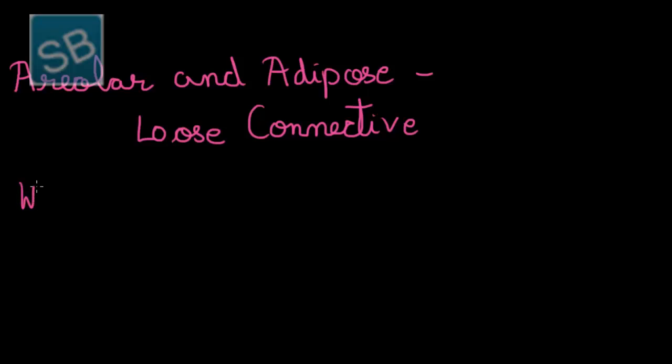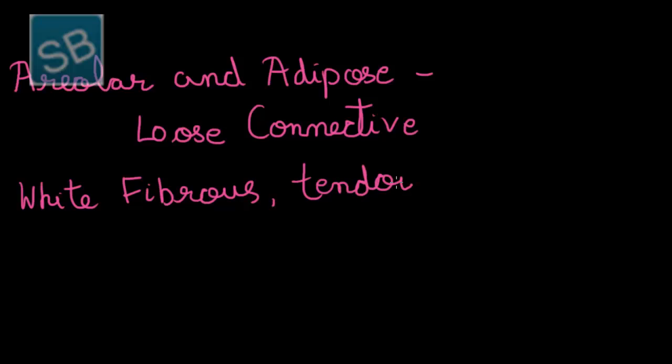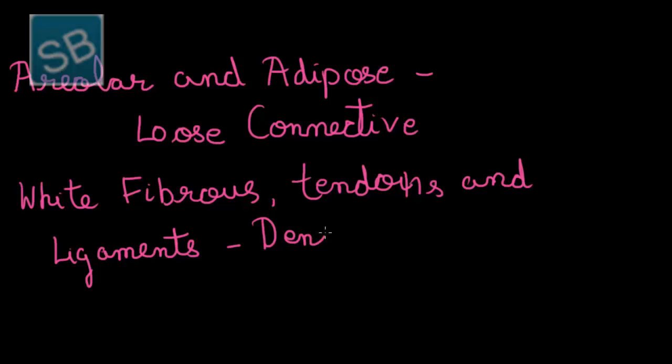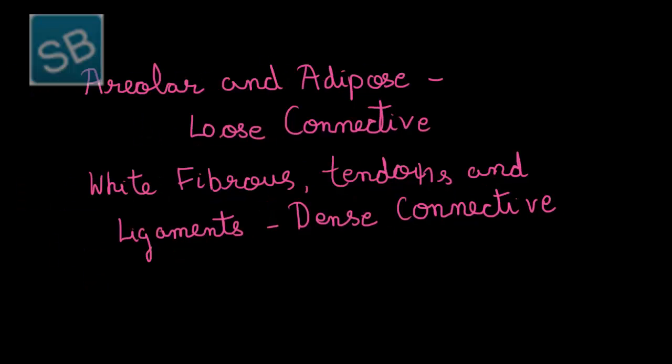On the other hand, the rest three other tissues, that is white fibers, tendons and ligaments, are called as dense connective tissue because their cells and fibers contain dense fibrous material which is secreted out by their cells.